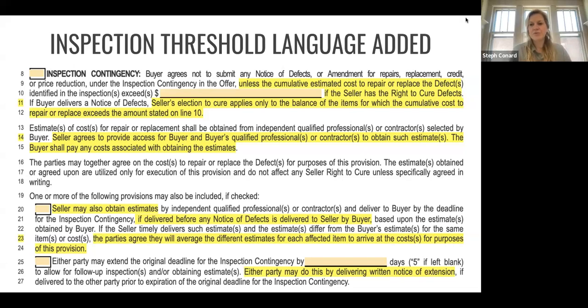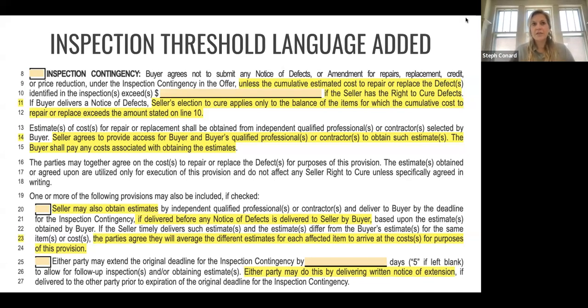Different brokerages were using different versions of this language. The WRA and the GMAR wanted to make this all one cohesive contingency threshold language so that everybody was operating under the same terms.